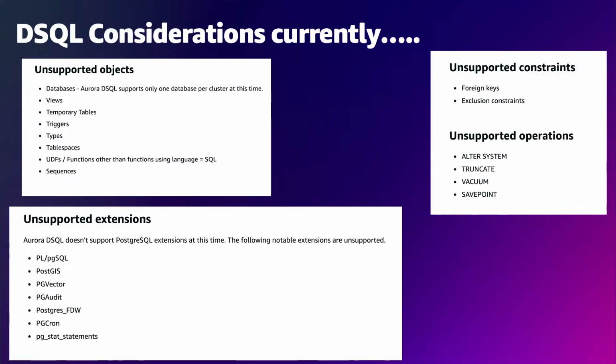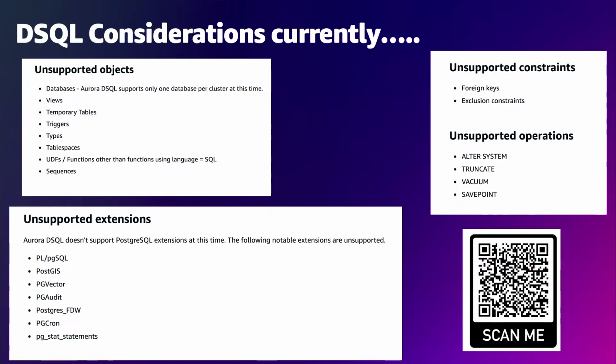One of them is pgvector. So you can't put vector data in it, and you can't use it as a backend for Bedrock, at least for now. And there is also some other stuff which is not supported. Now, the list is much longer.